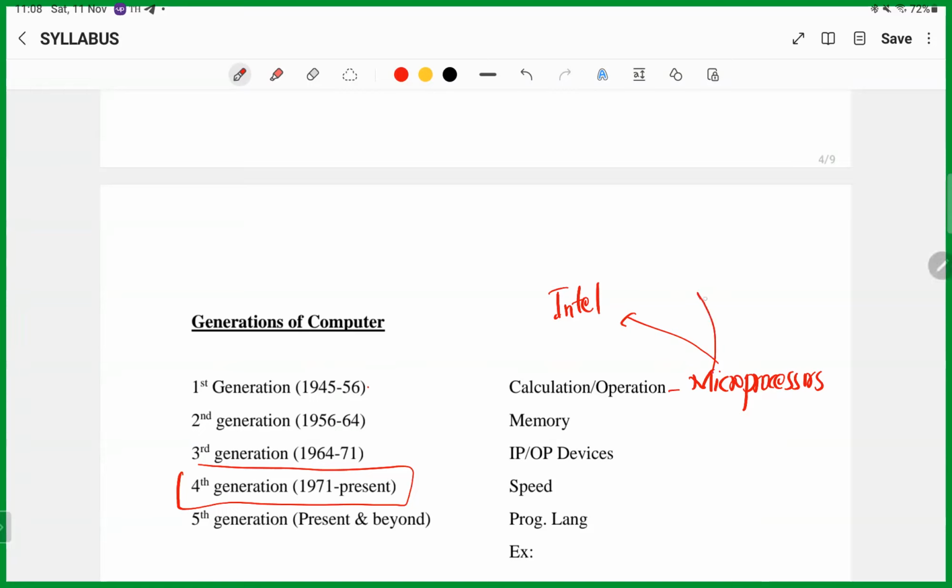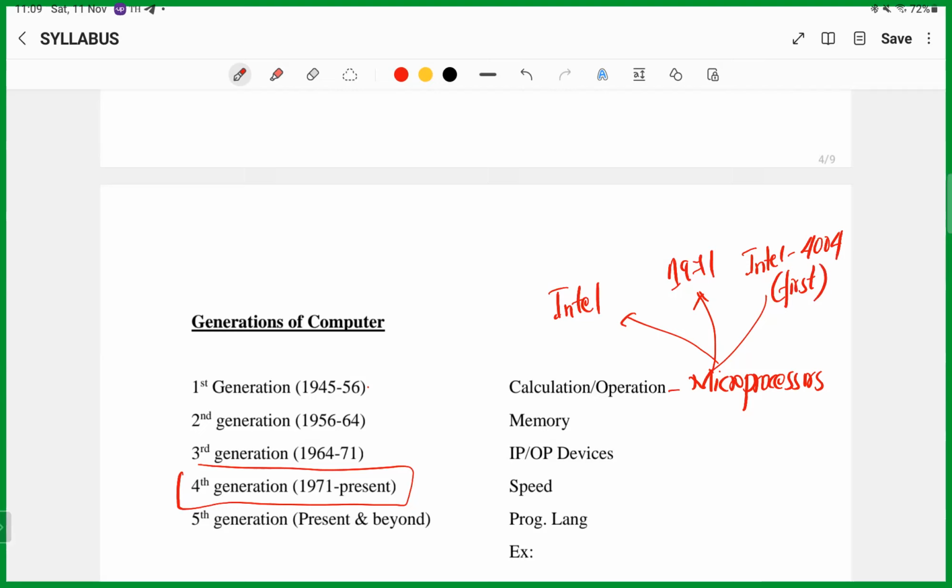Okay, it was founded in 1971. And the first microprocessor is called Intel 4004. It's the first microprocessor produced by Intel. The company name is Intel.